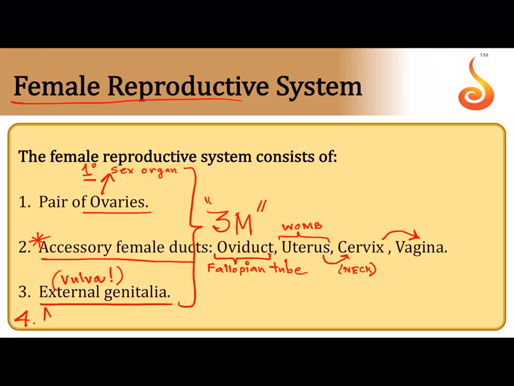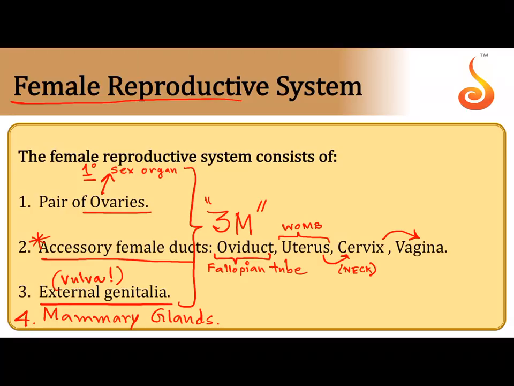And last but not the least, we can also include another component here, the mammary glands. The mammary glands are involved in production of milk and suckling the newborn young, and therefore it is functionally integrated with the parts of the female reproductive system. So we can include the mammary gland as a part of the female reproductive system.